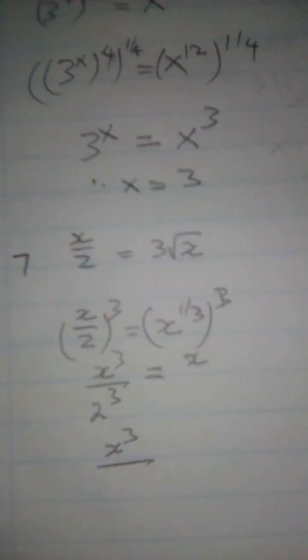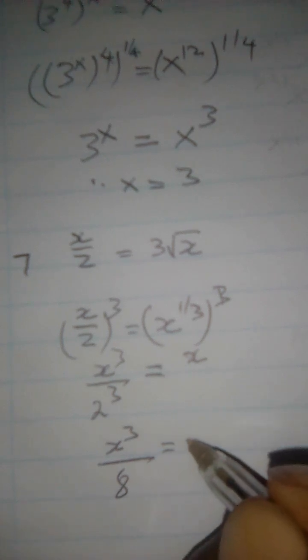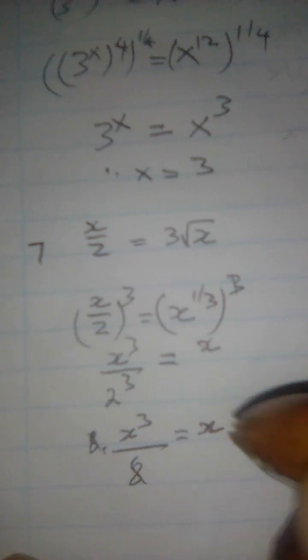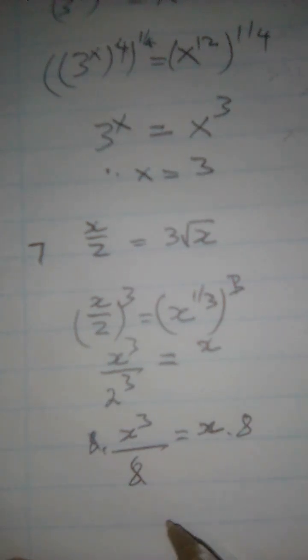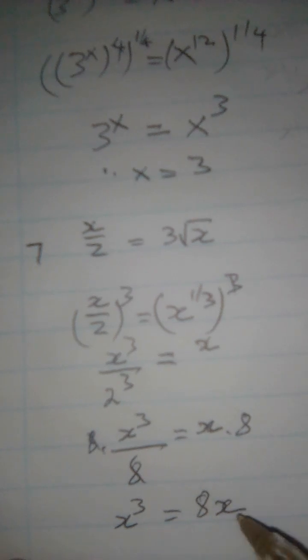Now from here I'll have x cubed over 2 cubed, which is 8, equals x. Solving this further, I'm gonna multiply both sides by 8, so that these cancel. Eventually I'll have something like this: x cubed equals 8x.